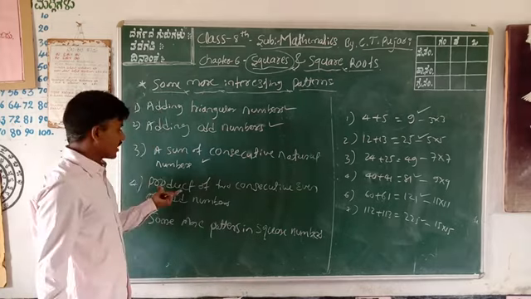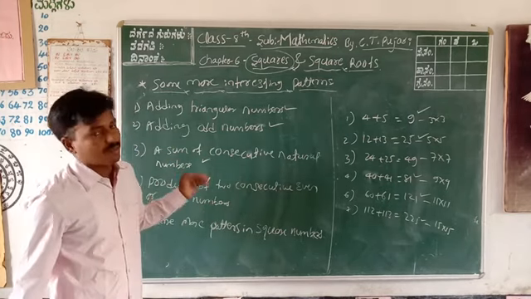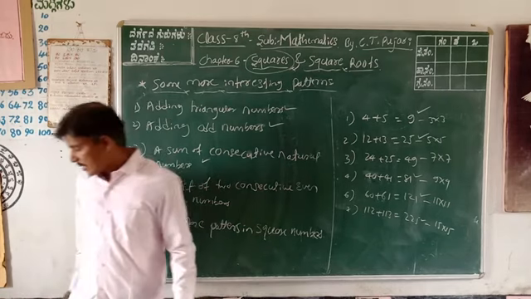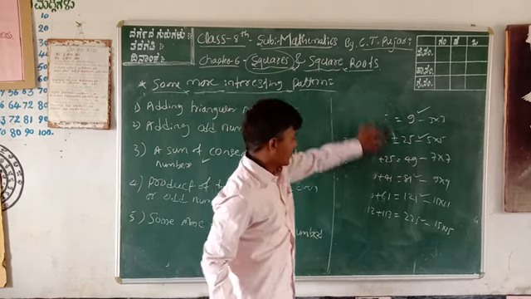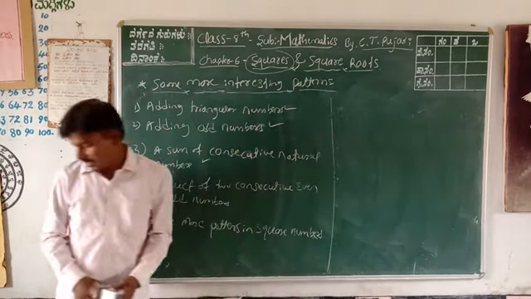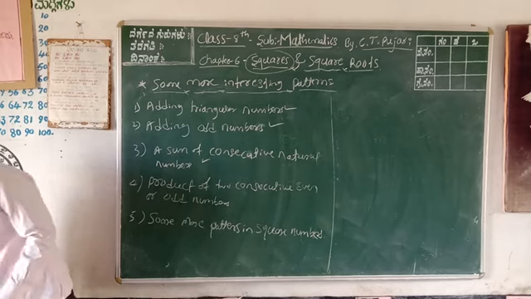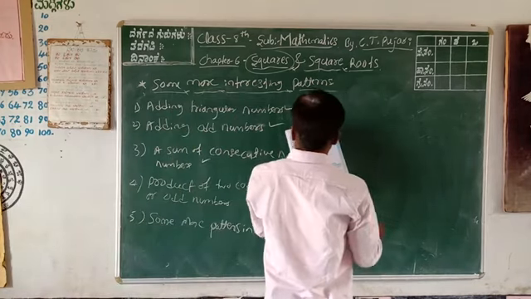What about next? The product of two consecutive even numbers, or odd numbers. Check the question once again. The product of consecutive even or odd numbers is the next pattern, the fourth pattern. The product of only consecutive numbers.